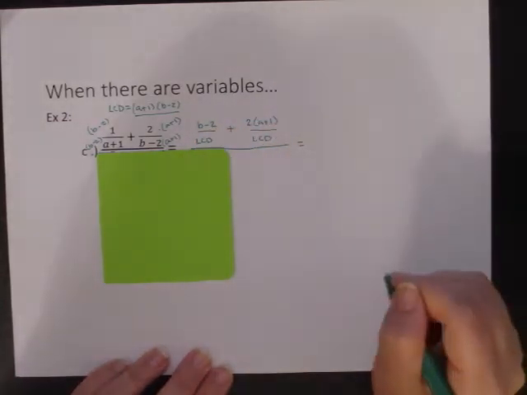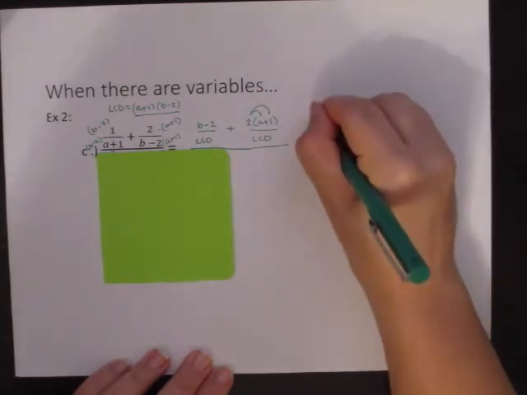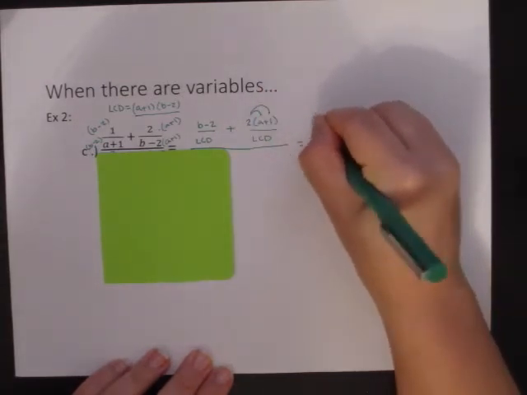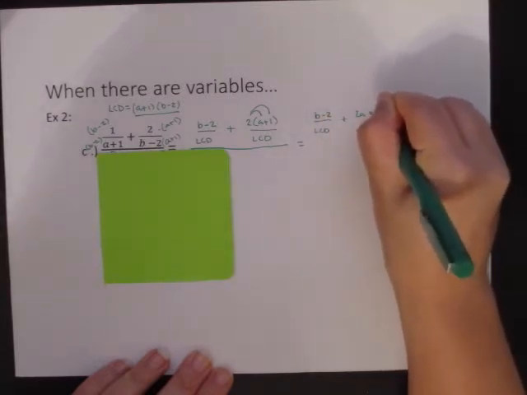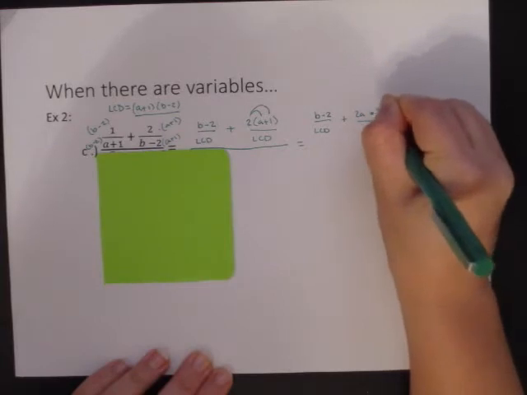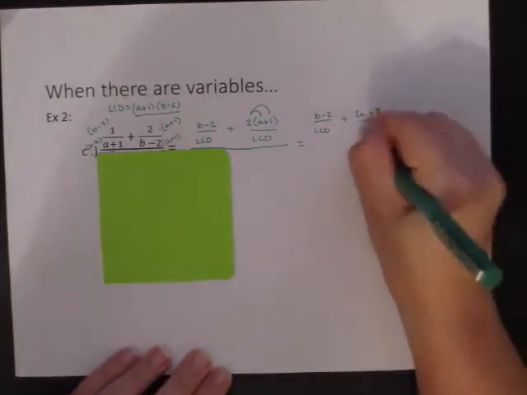Okay? So now I've got to distribute this to 2. So I've got b minus 2 over LCD plus 2 times a plus 1. No, sorry, plus 2. Woohoo, almost messed that up. Okay, over LCD.